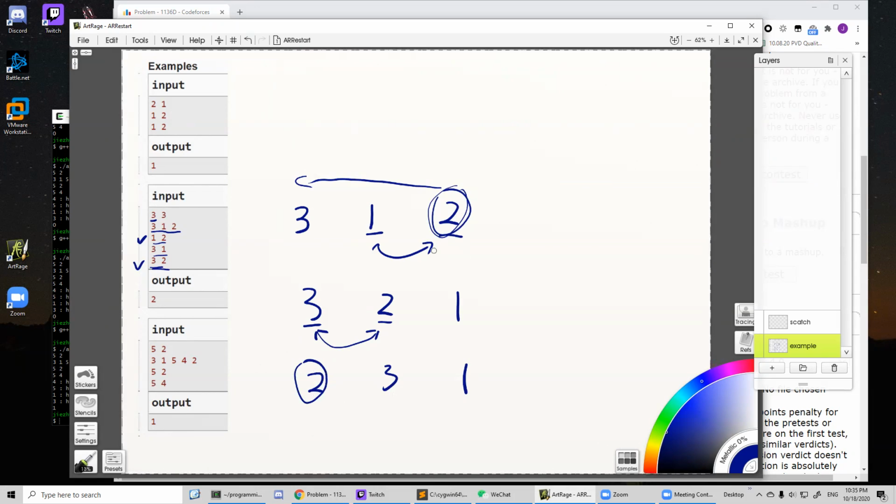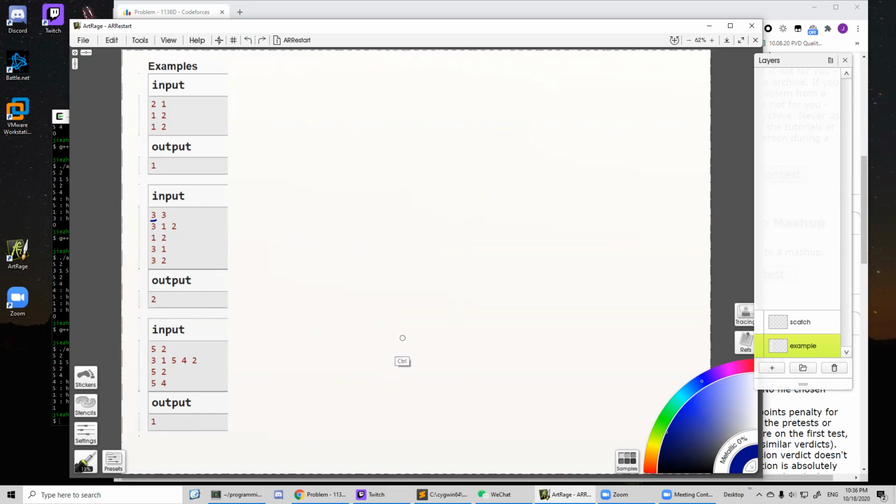So that is two steps before the initial position, right? Because currently they're at position one, and initially it was at position three. So we output a two here, right?